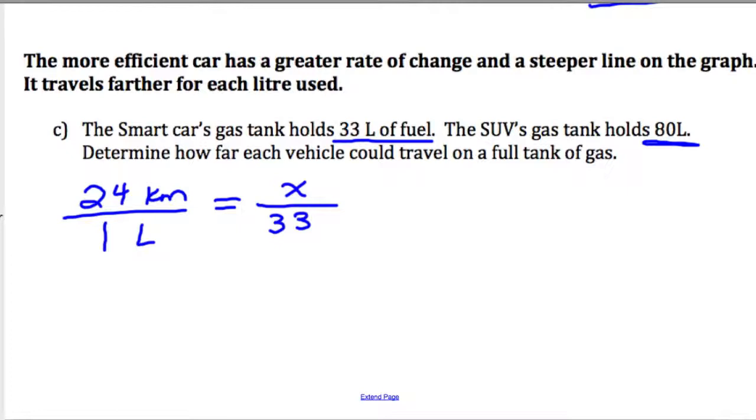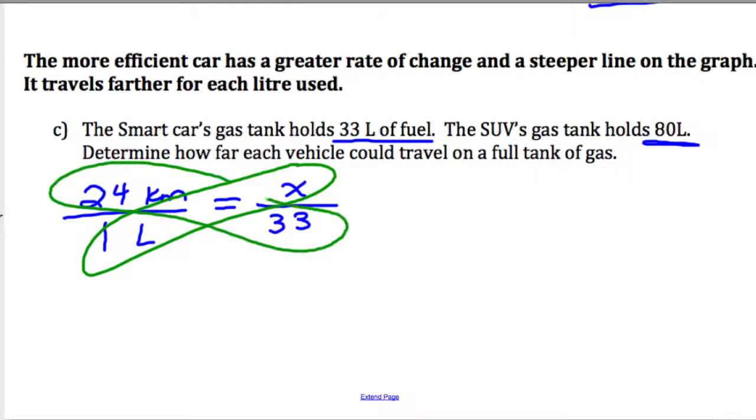In order to solve this, when we have a ratio like this, we can cross multiply. That's a good time to review ratios. So 1 times X is just X, and 24 times 33 is 792. So that means the smart car can travel 792 kilometers on 1 tank of gas.